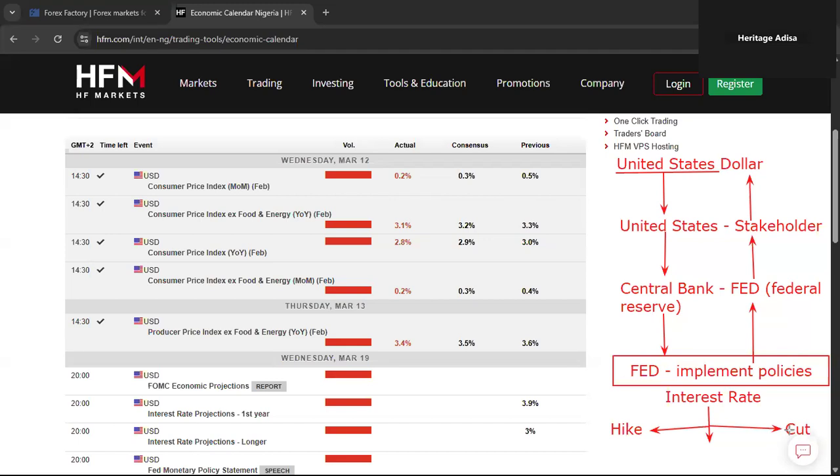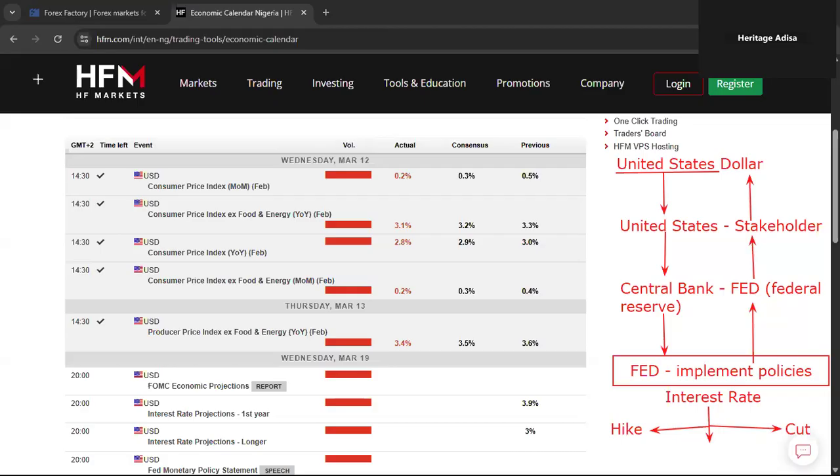You see, one of the major deciders of the pathway the central bank is going to take to either hike or cut interest rates is inflation. So the question: why is inflation important in Forex?